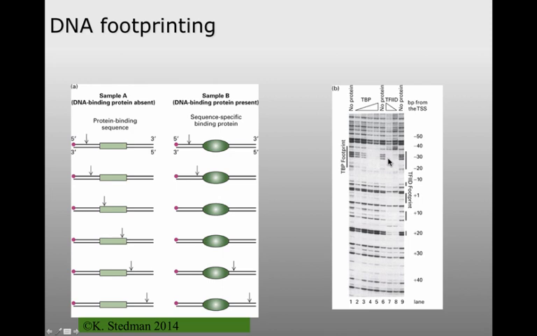And so that's shown right here. In this case, we have no protein bound, and then the TATA binding protein bound. And you see here, there's no cleavage that's taken place, no piece of DNA of this length when you have the TATA binding protein present.